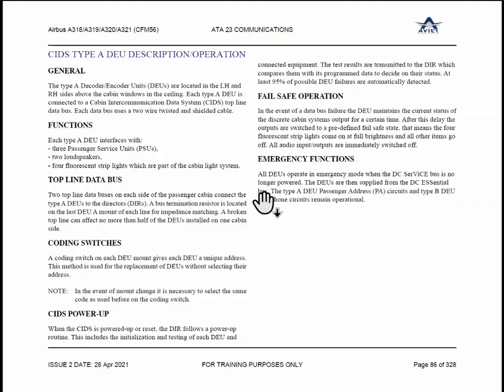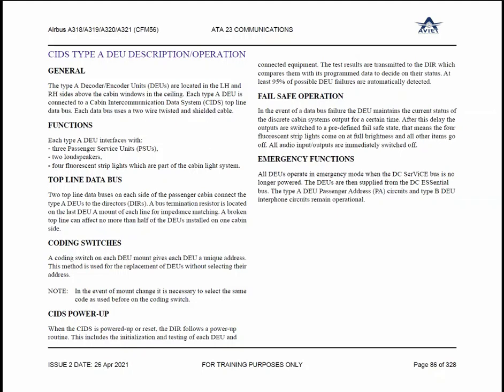Emergency: all DUs operate in the emergency mode when the DC service bus is no longer powered. When the DC bus is not powered, they will operate in the emergency mode. DUs are supplied from the DC essential bus. Type A DU, that is the PA address circuit, and type B DU interphone remain operational in emergency mode.